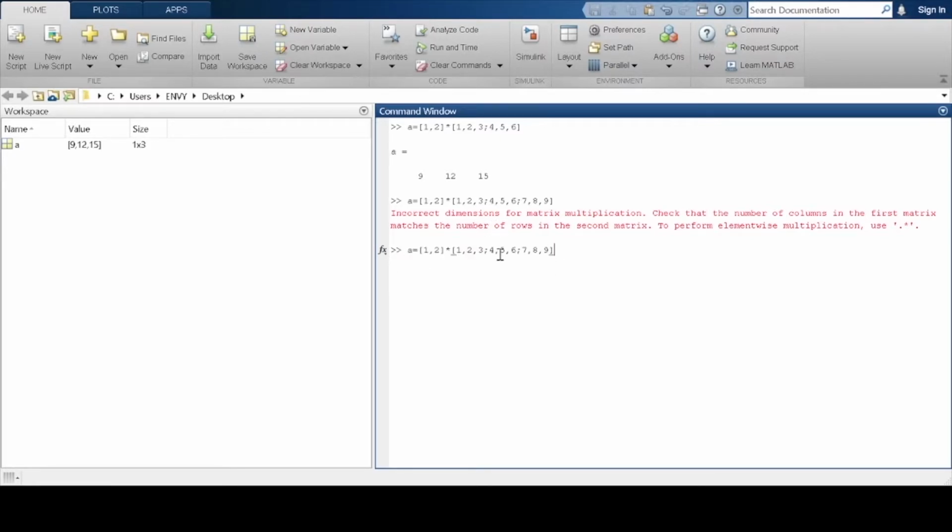So we see that for multiplication to occur, this condition should be satisfied. The number of columns or entries in the first matrix or vector should equal the number of rows in the second matrix or vector.